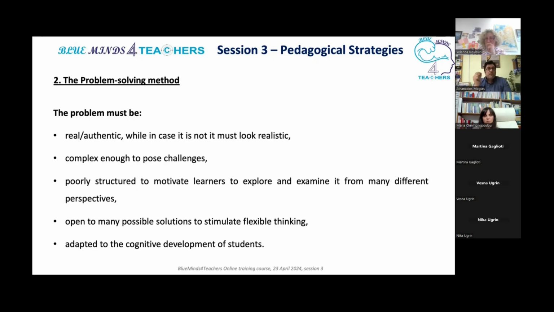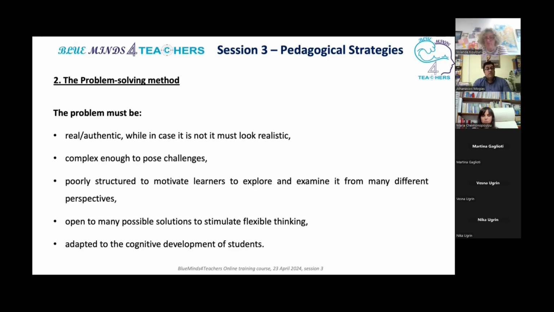It must be complex enough to pose challenges. It doesn't have to be strict. It has to be poorly structured to motivate learners to explore and examine it from many different angles. It has to be open to many possible solutions to stimulate flexible thinking.